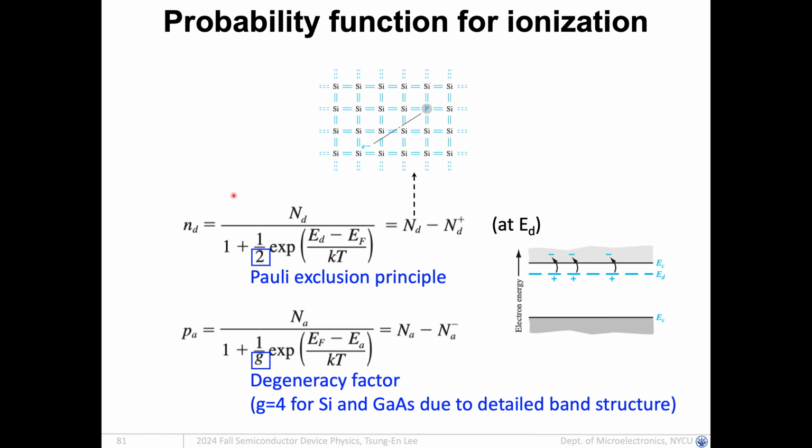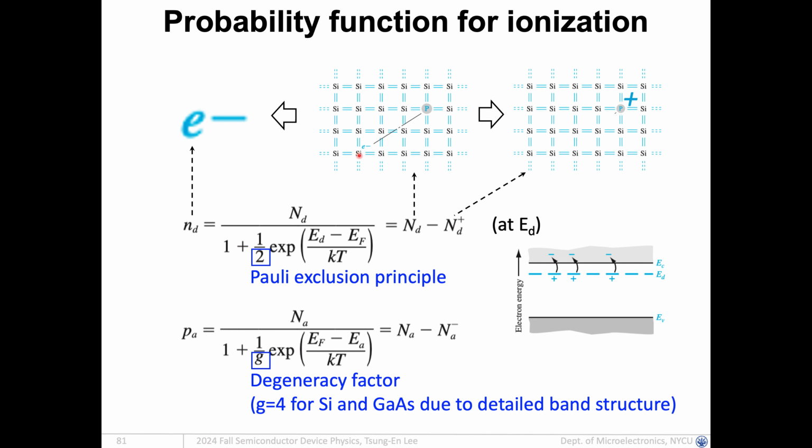Based on this probability function, we can understand the amount that finally occupies the states of the conduction band.